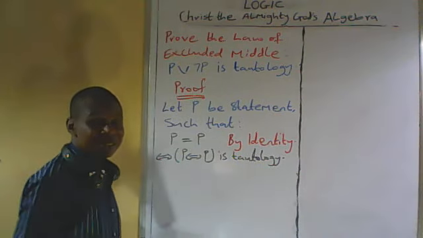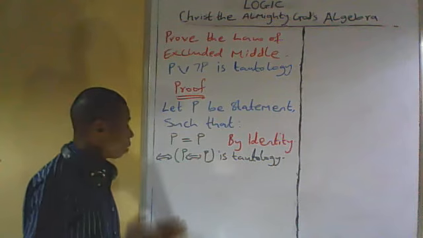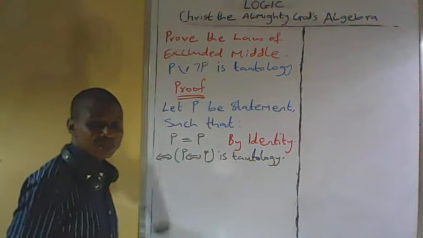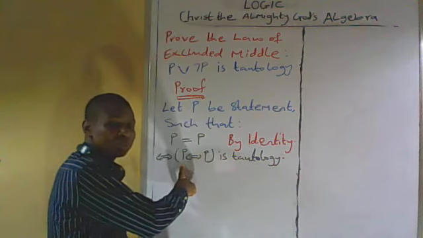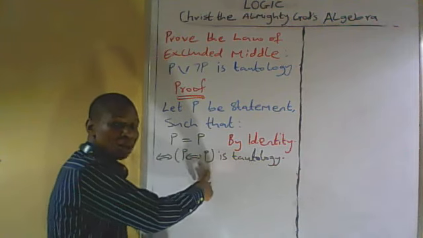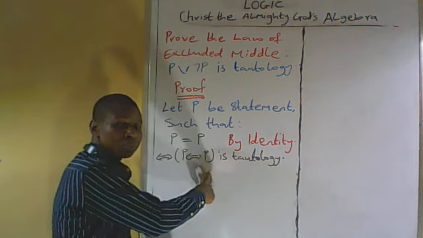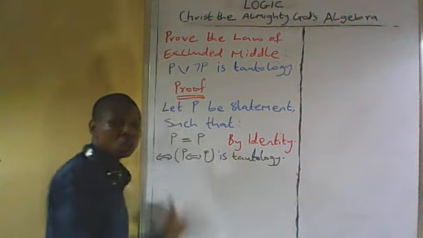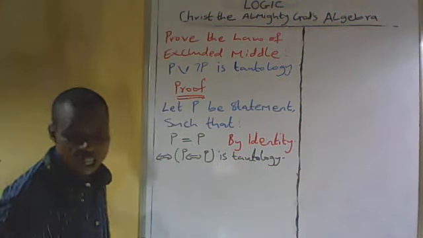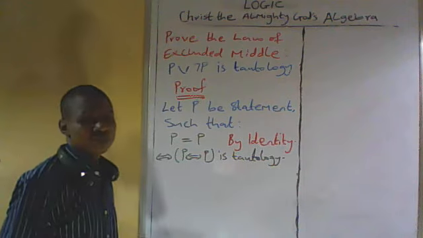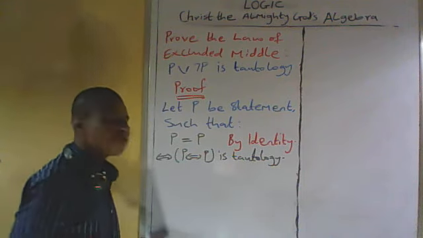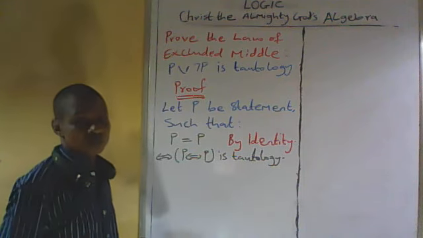Since it is now in the form of a biconditional statement, whenever P is true, the other P is also true. If that is the case, it is a tautology. There is no case where we obtain falsity, because they have the same value throughout.